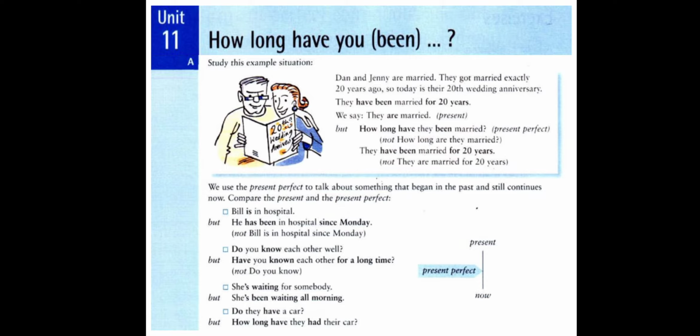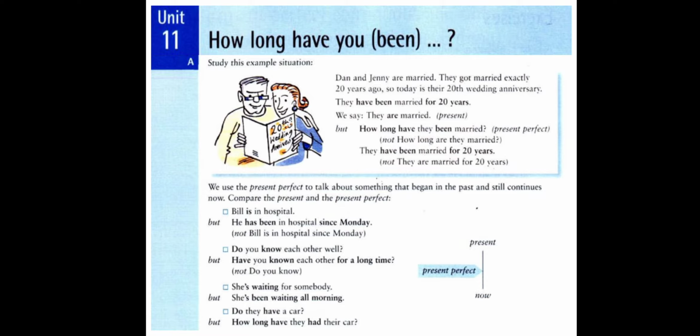If you look at the bold letters here, you will find they have been married for 20 years. We use here 20 years and for.